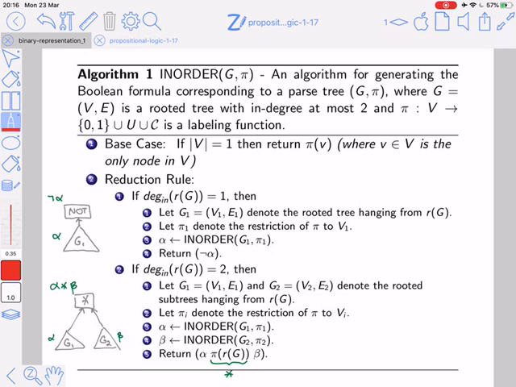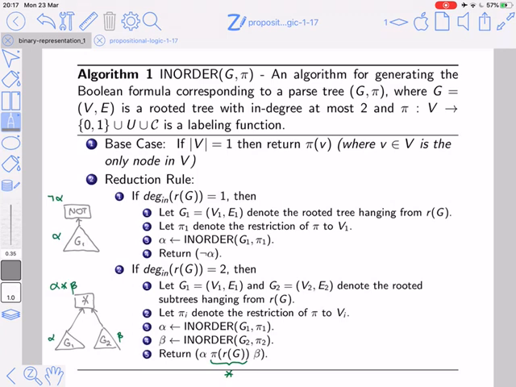The base case is when the number of vertices in the parse tree is 1. In this case, the parse tree consists of a single vertex, which is also a leaf. The leaf is labeled by a constant or by a variable, and the formula that this parse tree represents is simply the label of the root.